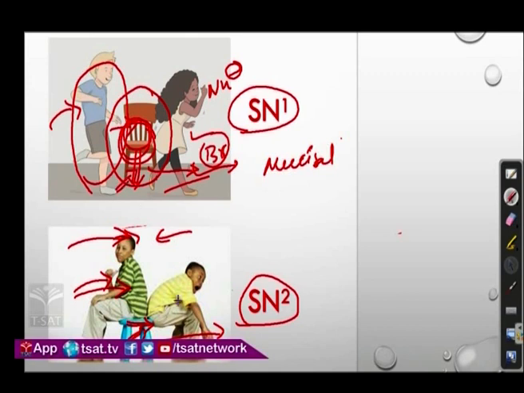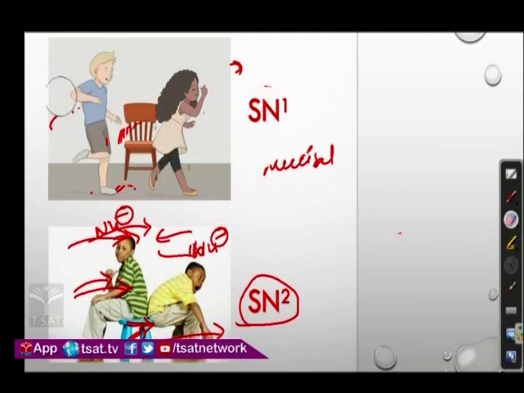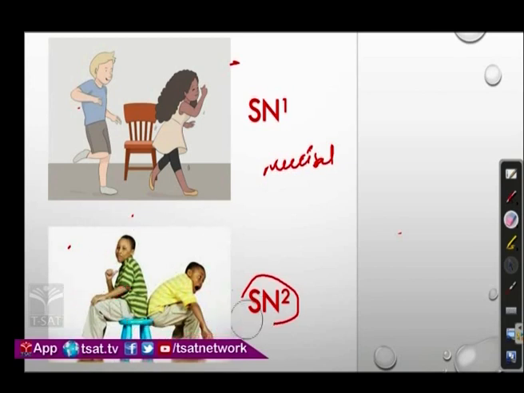And in the second condition, one nucleophile is not leaving, the other nucleophile tries to enter by pushing the nucleophile that is already present. Okay, these are the two conditions. So we will see the mechanism and you will understand how similarly it happens in real life. After that we will come back to this slide and you will understand in detail.